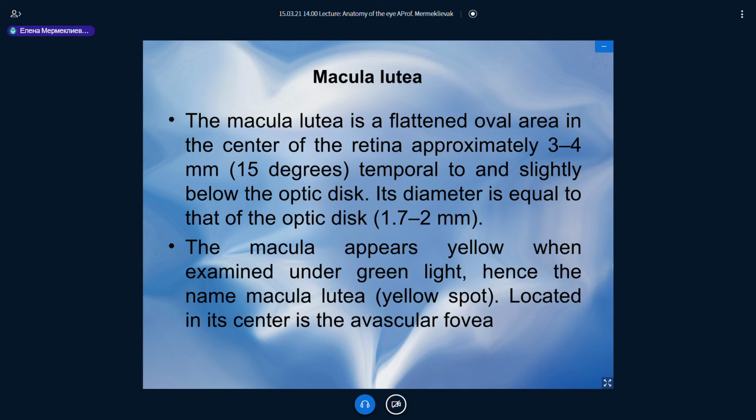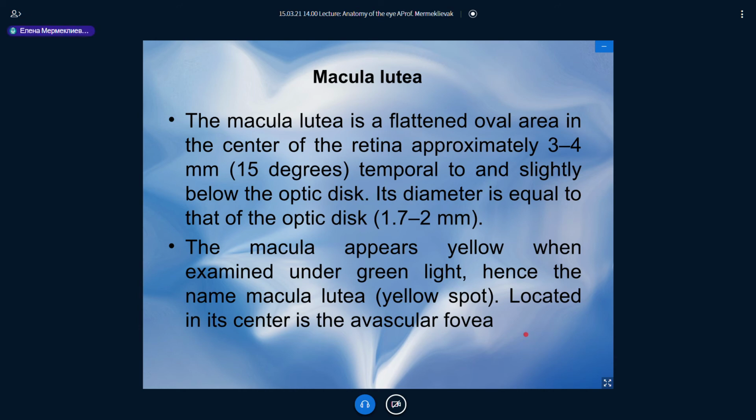Macula lutea. The macula lutea is a flattened oval area in the center of the retina, approximately 3-4 millimeters, 50 degrees temporal to and slightly below the optic disc. Its diameter is equal to that of the optic disc.